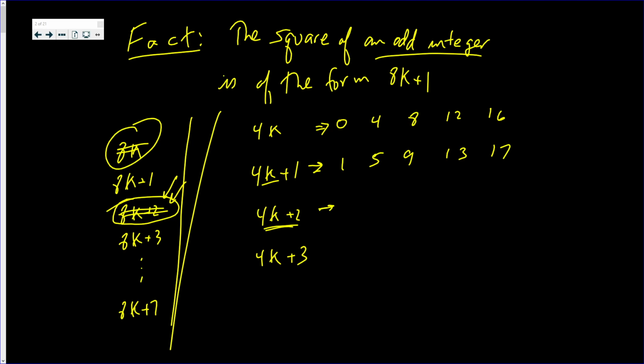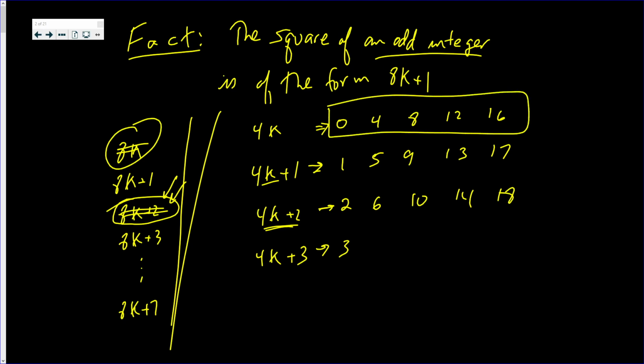So instead of 0, 4, 8, 12, 16, I'm 2 more: 2, 6, 10, 14, 18. These are 3 more than multiples of 4: 3, 7, 11, 15, 19. And so on.